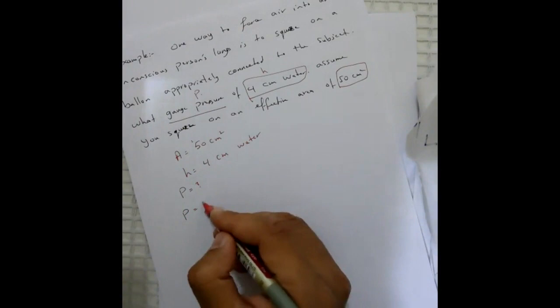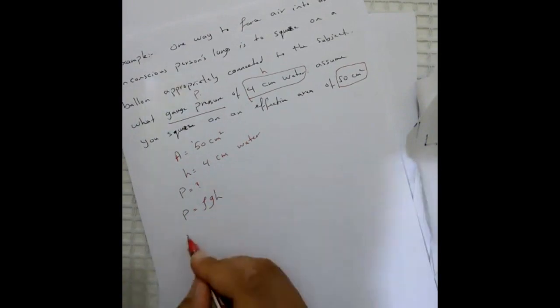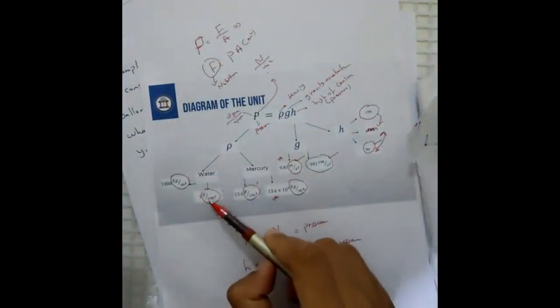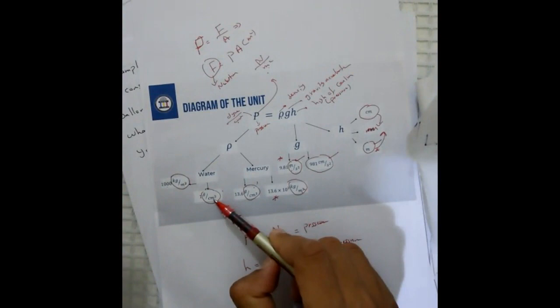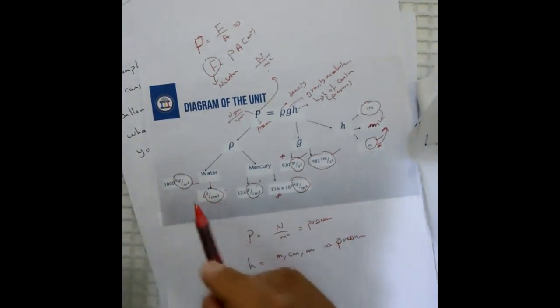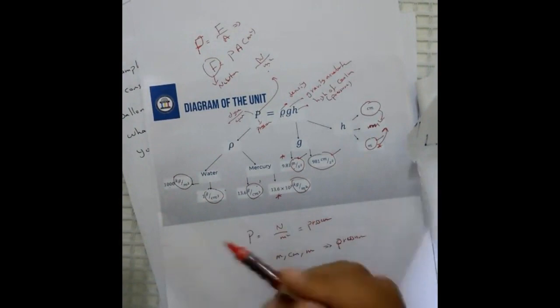The pressure is rho G H. Rho, we are talking about water, so it will be 1 gram per centimeter cubic. I will use this one, but it's up to you. You can use this one or this one because he has not mentioned what type of unit you should use.